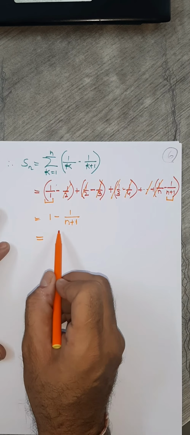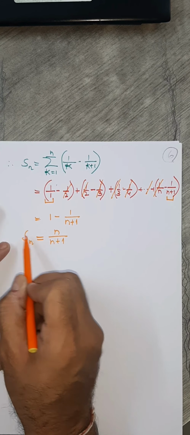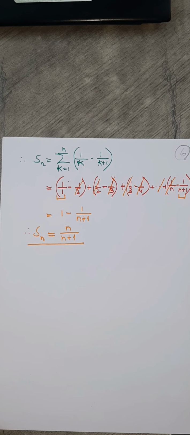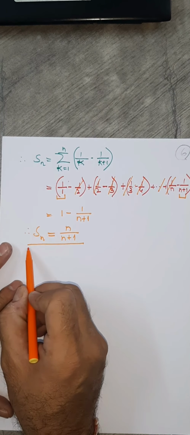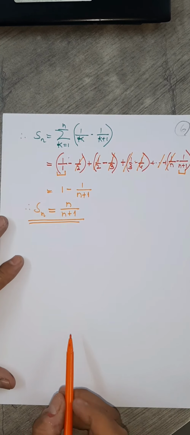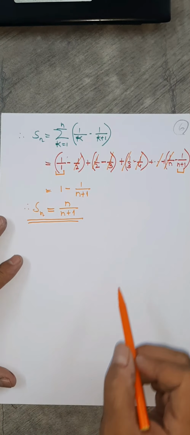And this is just, if I take LCM, n upon n plus 1. This is the required sum of the n terms of the given series. This is a special series, that's why this is happening, right? But your required summation is this. Put here 2, so we'll get the sum of the first two terms as I explained. This is called a telescopic series. You can do googling, you will see.